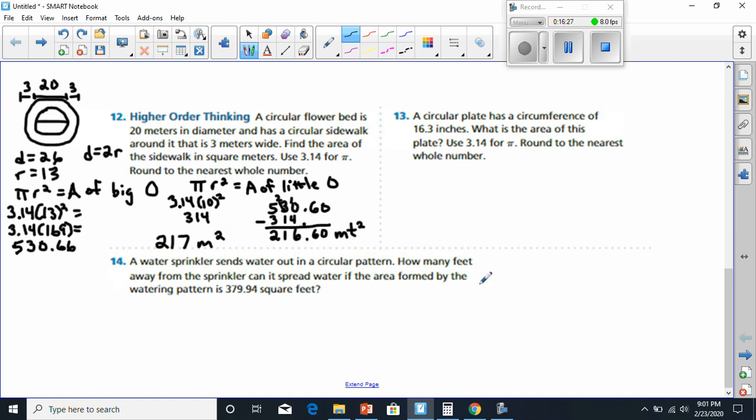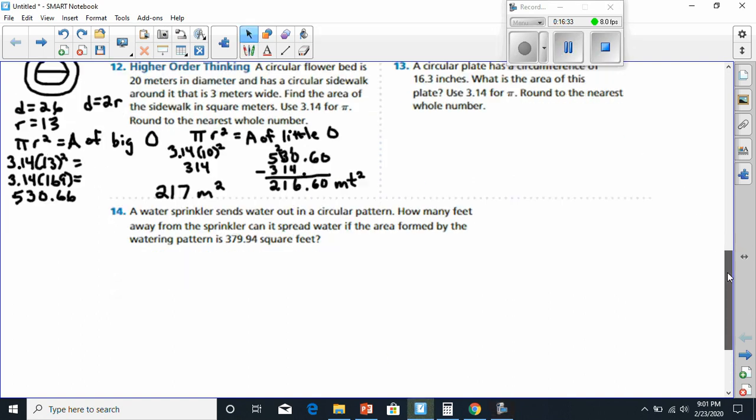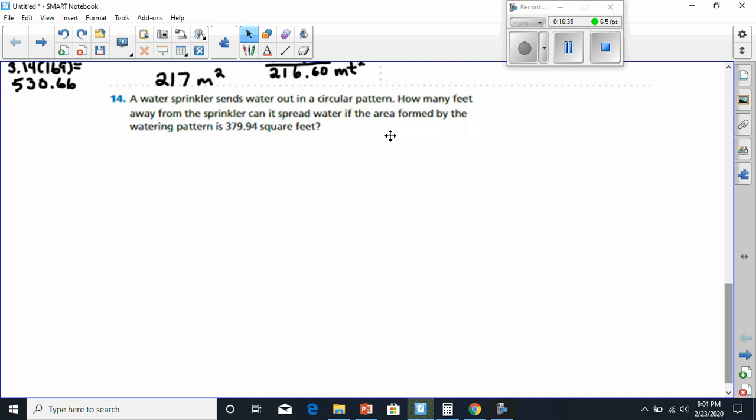All right, now I can go to number 14, my last one for the night, thank goodness. Scroll down so I've got room to move here. It says a water sprinkler sends water out in a circular pattern.